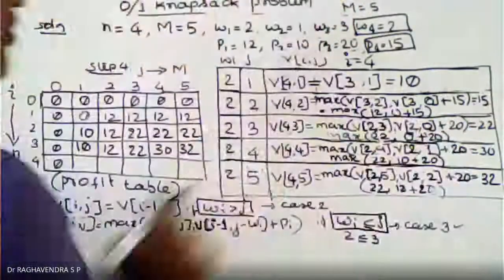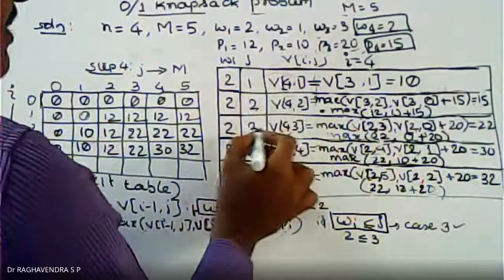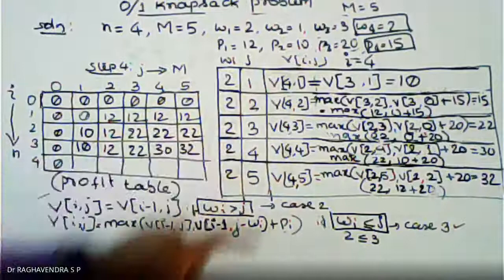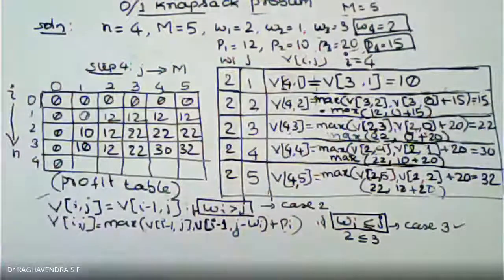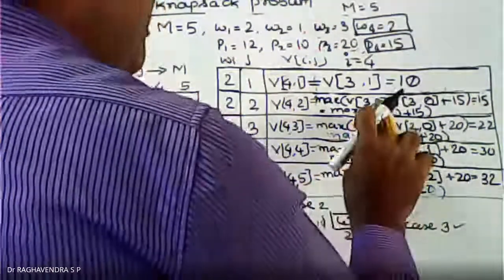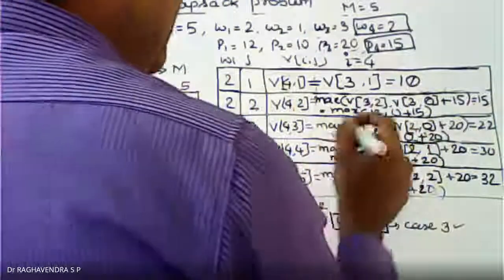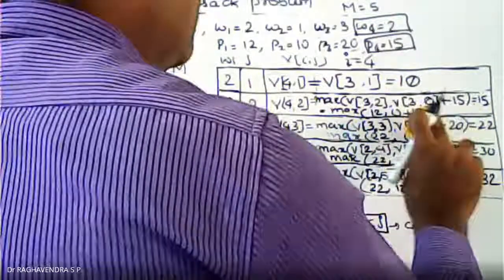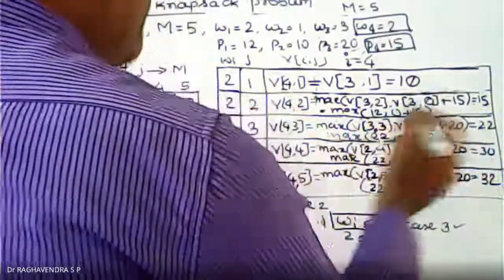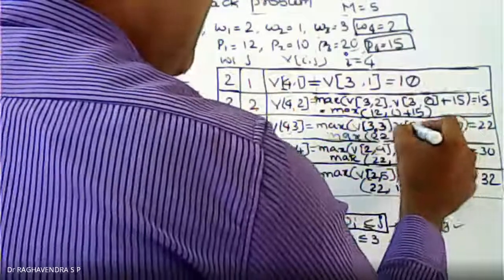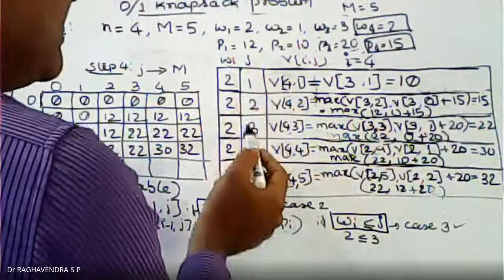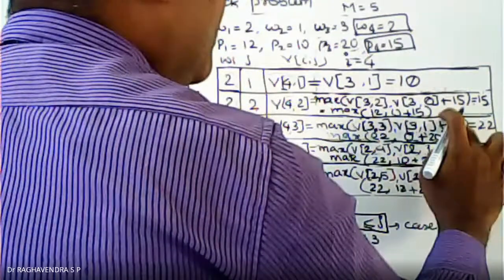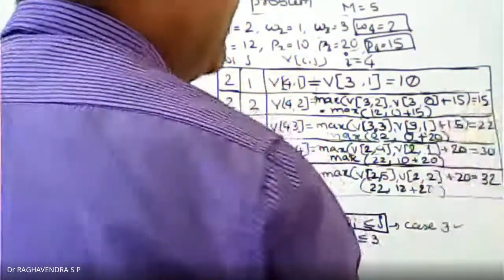So next we go to the remaining capacity 3, that is 4 comma 3. We have weight 2 and capacity 3. Once again it belongs to case 3. So we have 3 comma 3 and, I minus 1, 3 comma J minus Wi. J is 3, 3 minus 2 is 1, and the profit is 15.